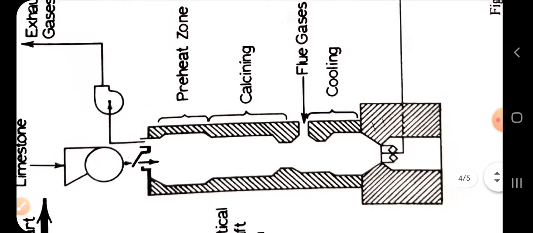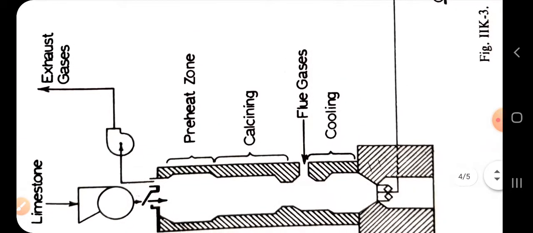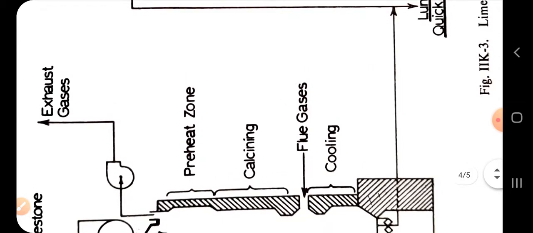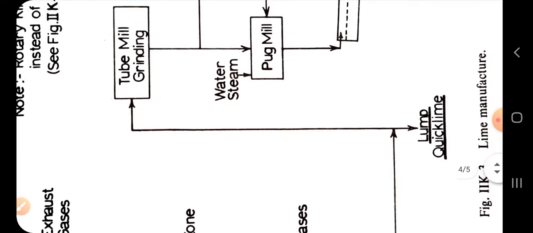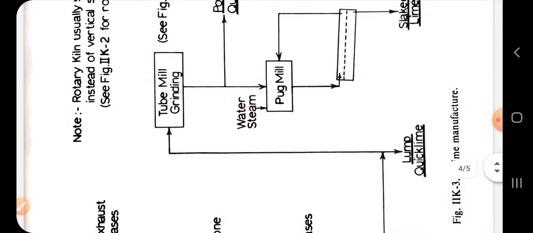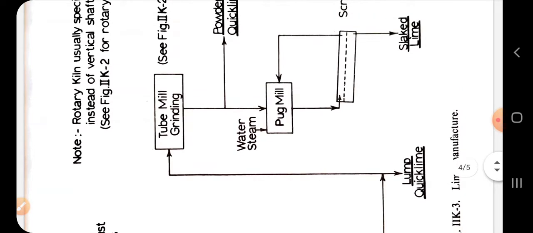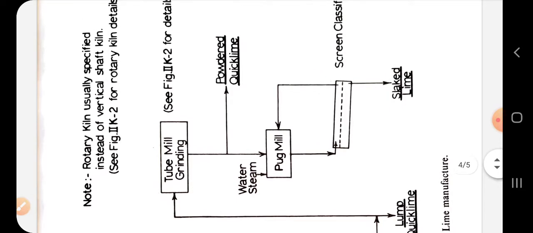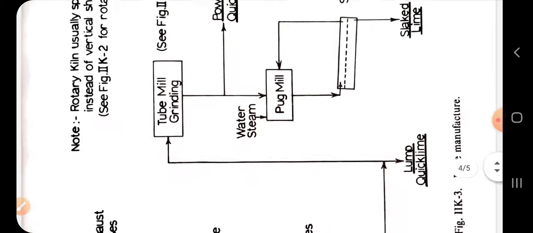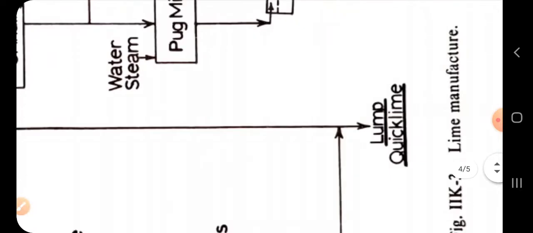Further, after cooling on a conveyor, lime is either packed as lump lime or crushed and screened into pulverized lime, depending upon the need or requirement of the consumer. So if lump quicklime is the product, the process stops over here.